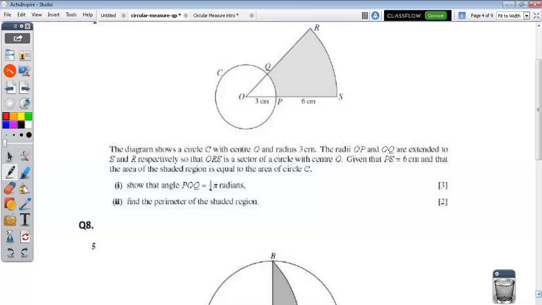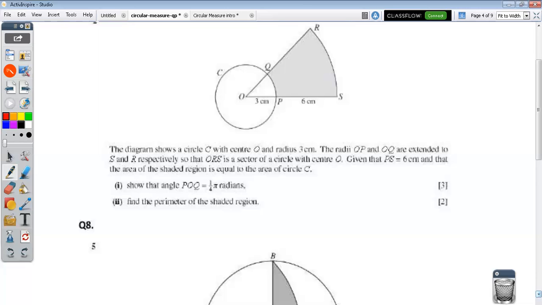Show that the angle, so we don't know the angle, huh? Show that angle, we are going to apply what they've just said, that given that PS is equal to 6, and the area of the shaded region is equal to the area of the circle.